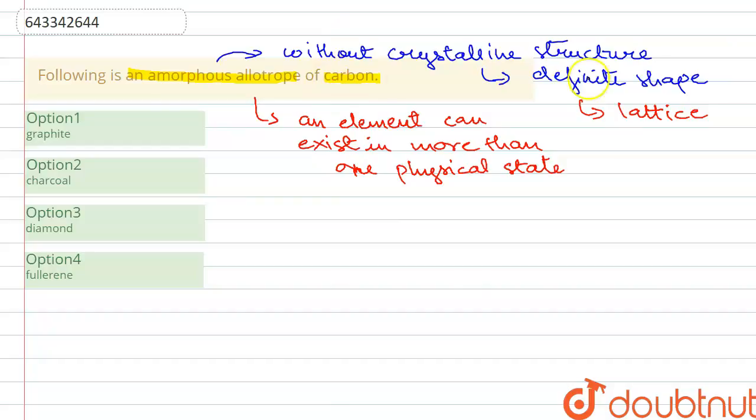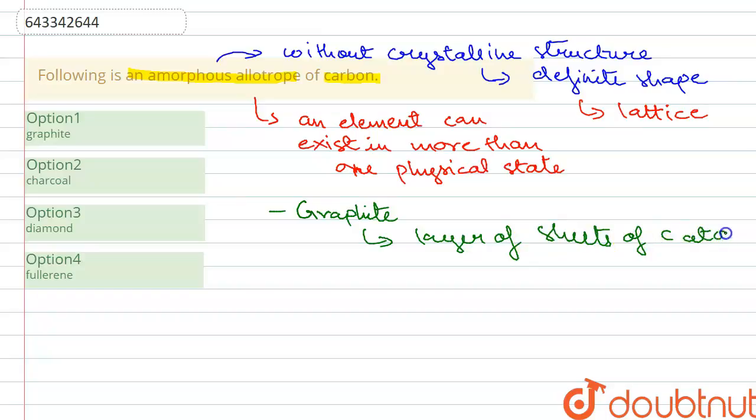Now there are various allotropes of carbon given here in the options. For example, graphite. Graphite is one of the allotropes of carbon. It is a pure form of carbon and it presents chains of carbon atoms, and it has layers, sheets of carbon atoms.